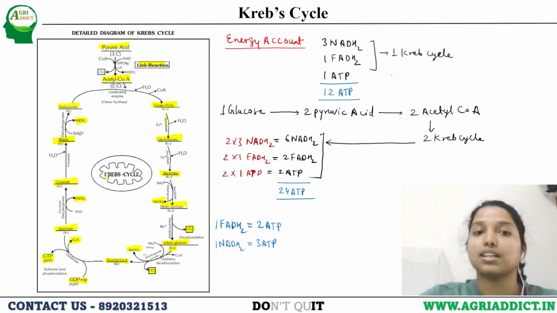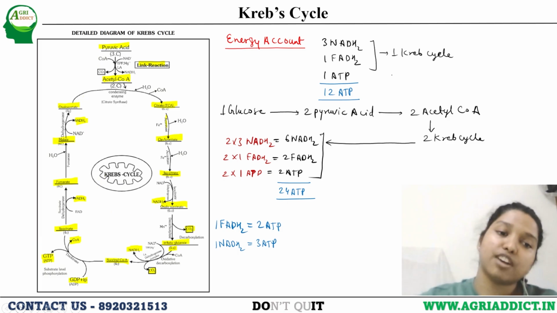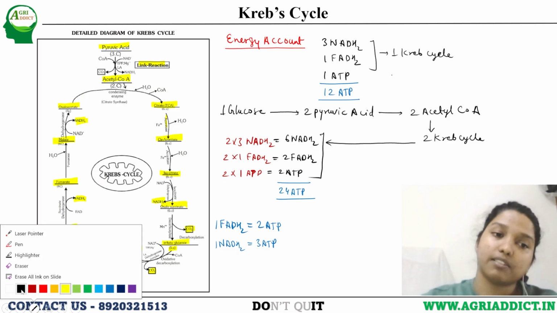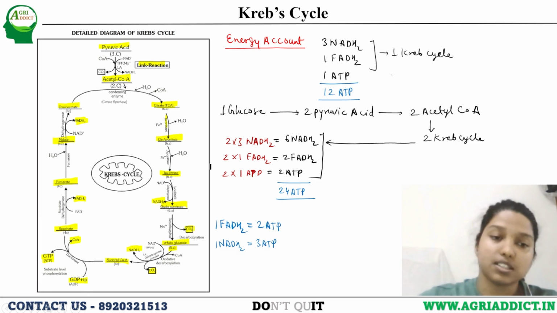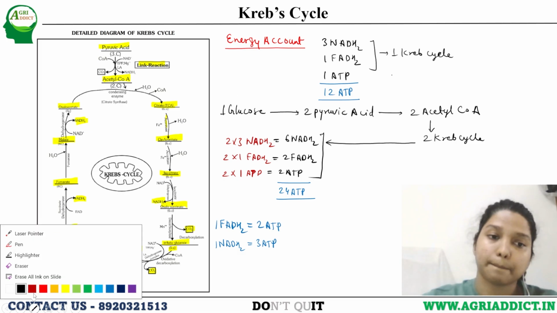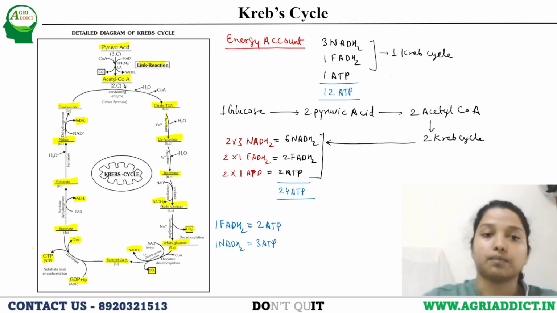So in this process, in which steps are we getting NADH2, in which step are we getting energy? First time we are getting energy here, because one NADH2 is being formed.